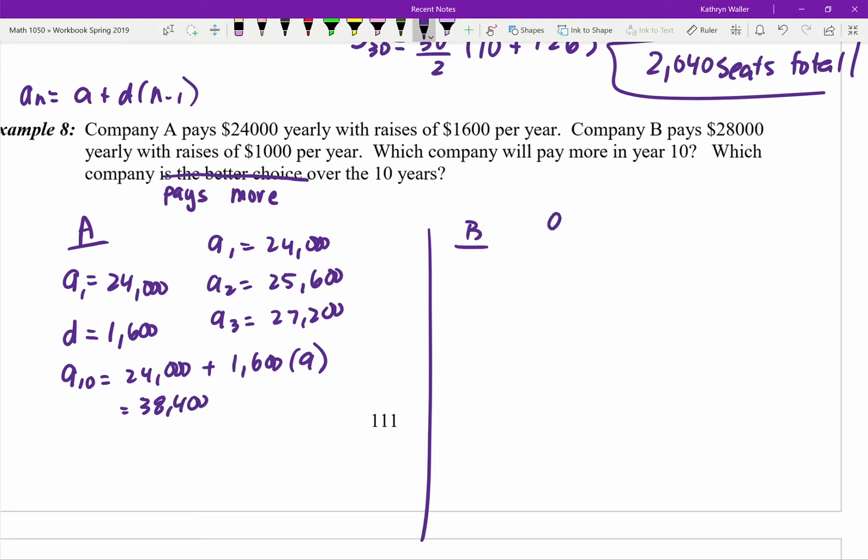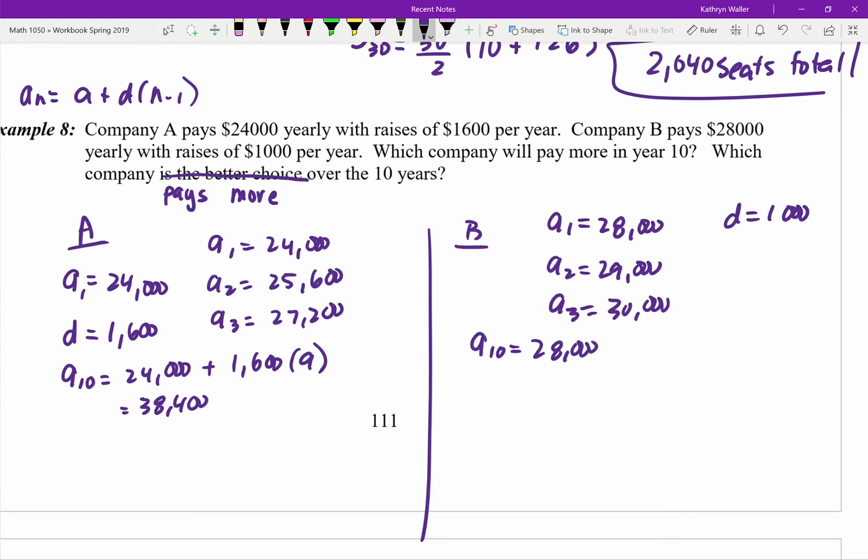Let's do the other one. So on company B, A sub 1 is $28,000. And then A sub 2 is $1,000 more, which is 29, and then A sub 3 is 30,000. So your common difference is 1,000. Okay, so A sub 10 is the first year, which is 28,000, plus the common difference, which is 1,000. 10 minus 1 is 9.